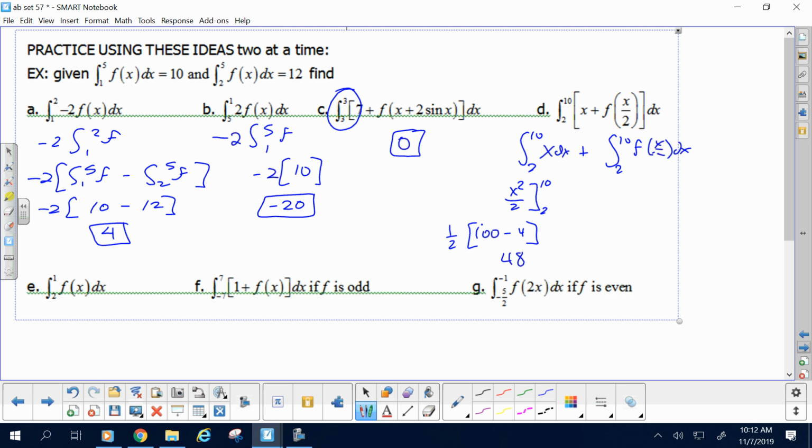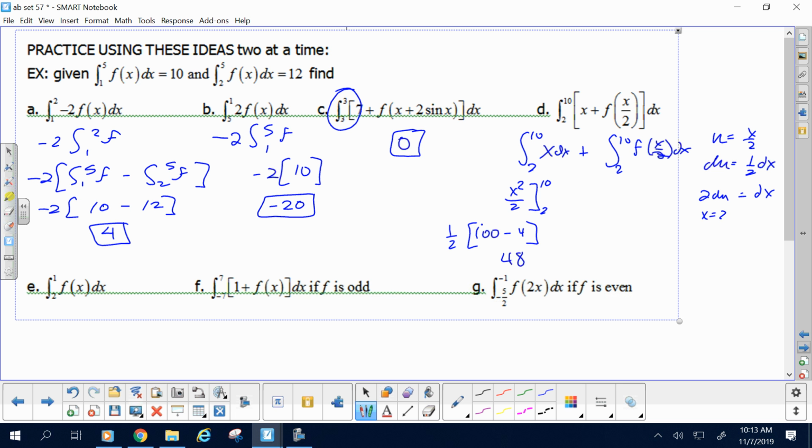What about the other part? U sub. Okay, so what are we going to let u equal? What's du? One half dx. Isolate the dx. The dx is 2 du. Change the limits.